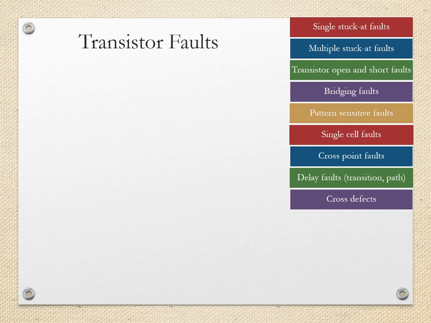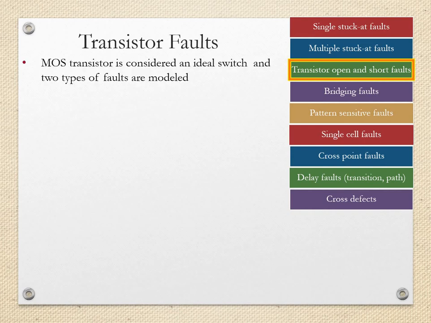Now the next category of fault model is transistor open and short faults. The MOSFET itself may get open or shorted. The MOS transistor is considered an ideal switch, and two types of faults are modeled.